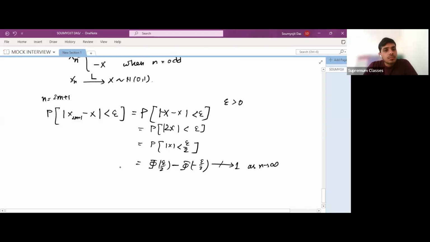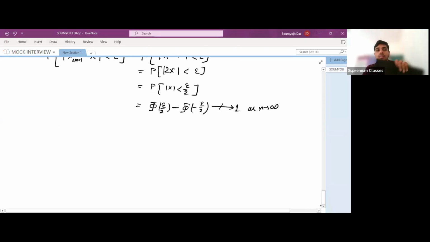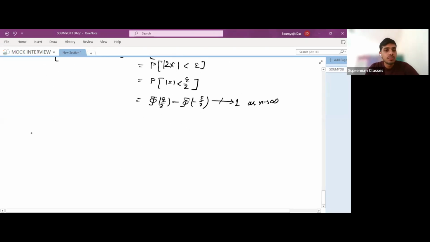Correct. Good. That's it from my side, Soumyojit. Now Dishari will have statistics. Okay. Soumyojit, just a follow-up from the previous question. Can you give me an example where convergence in distribution implies convergence in probability?